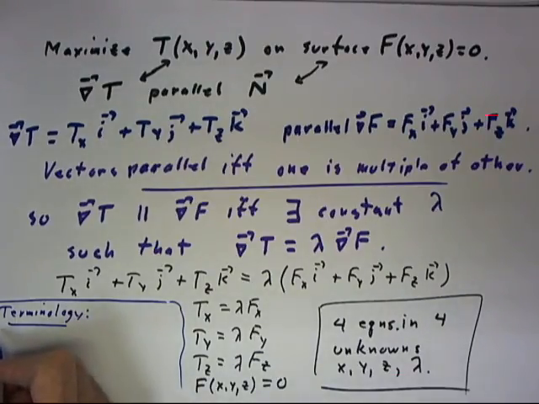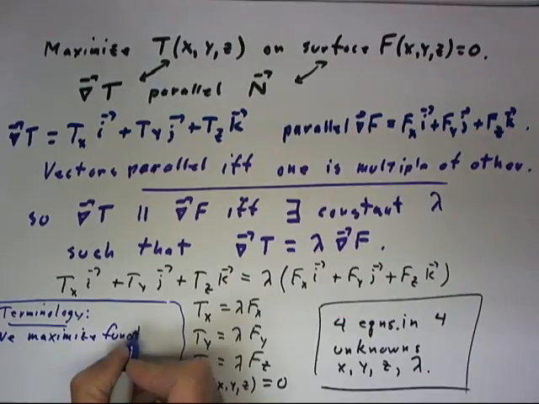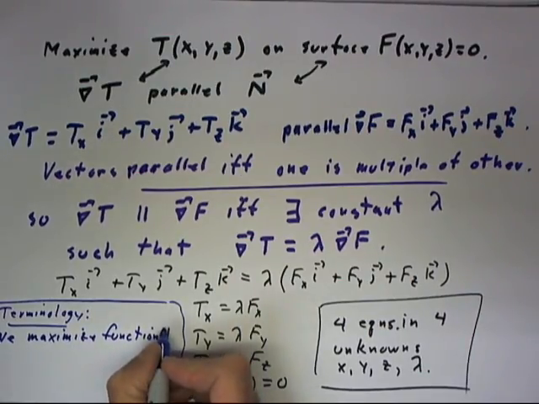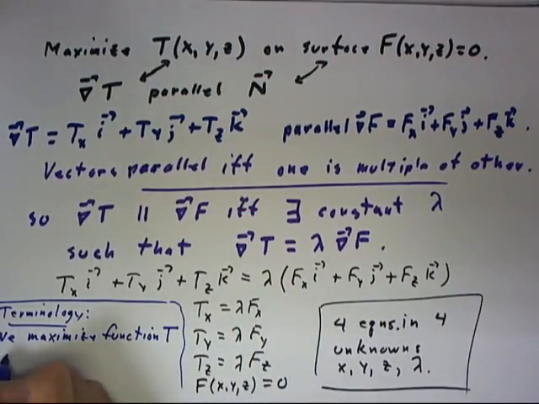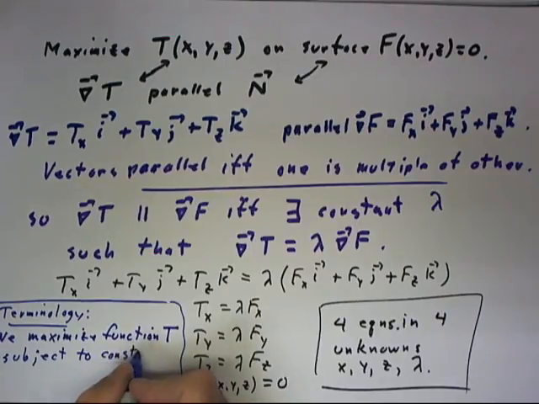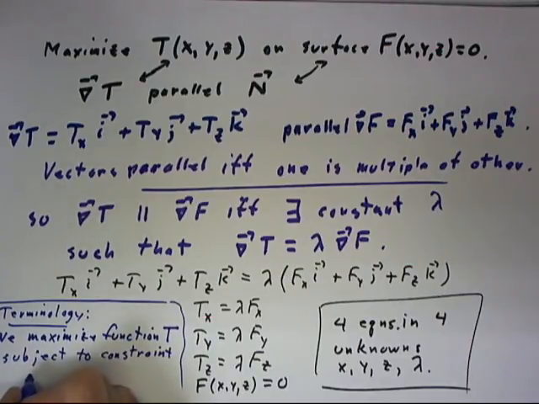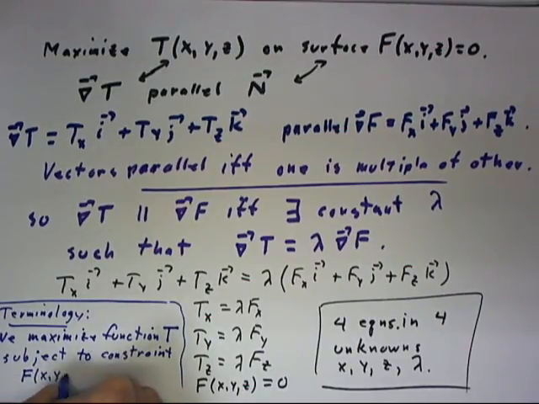What I'm saying is that now what we've done here is maximize a function T subject to a constraint, and that constraint is f of x, y, z equals 0.